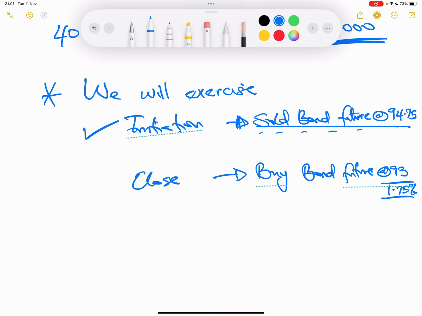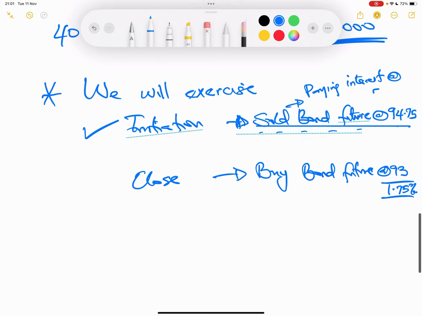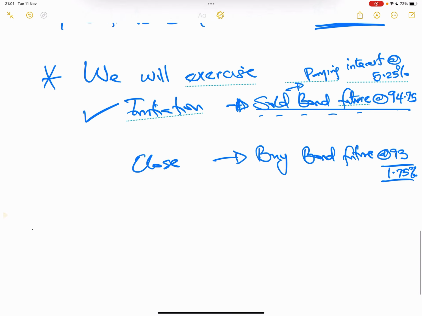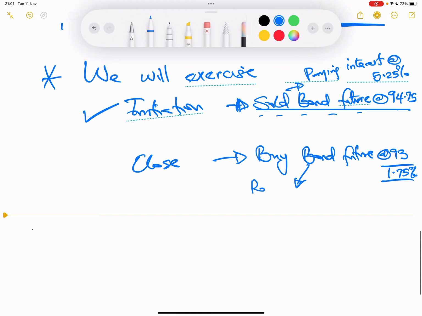But just to explain a bit more for you, remember, selling a bond future means borrowing. It means you are paying interest at 5.25. However, when you buy a bond, buying a bond is like an investment. So which means you're receiving interest at 7%. And you can see why this is actually a gain.